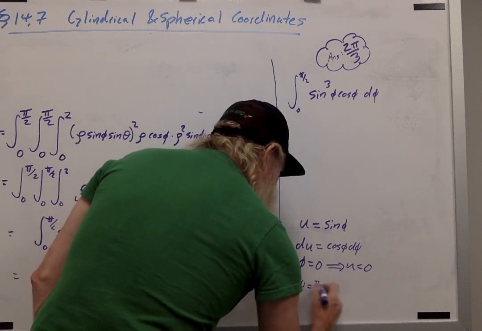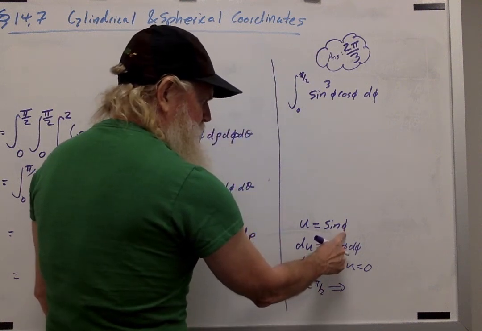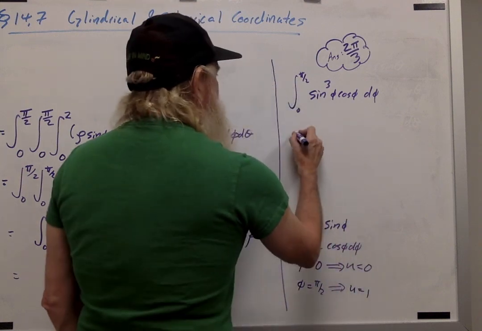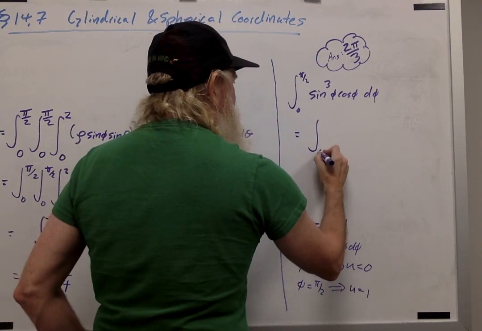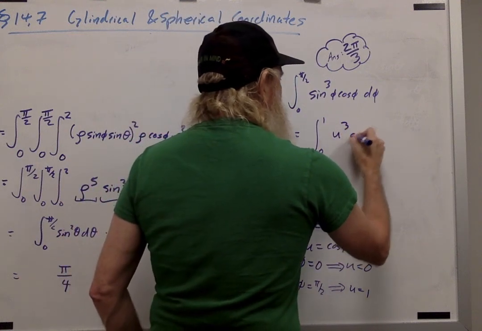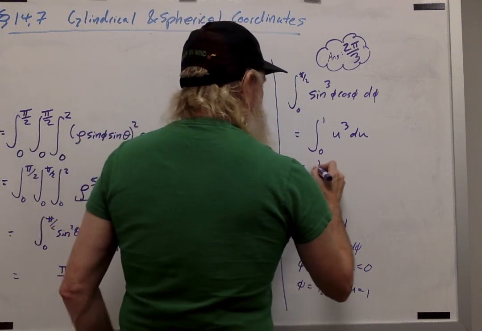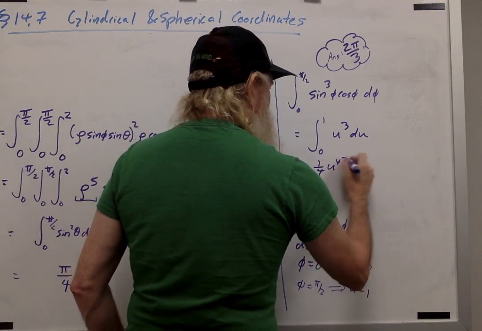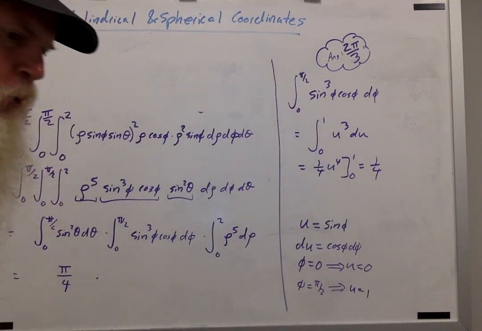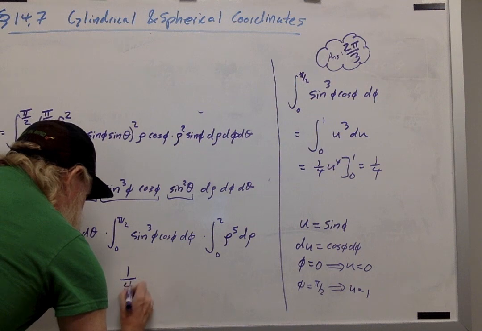And when phi equals pi over 2, u is going to be sine of pi over 2, which is 1. So when I make the substitution, I now have the integral from 0 to 1 of u cubed du, which is 1/4 u to the 4th, taken from 0 to 1, or 1/4. So the integral in the middle is 1/4.